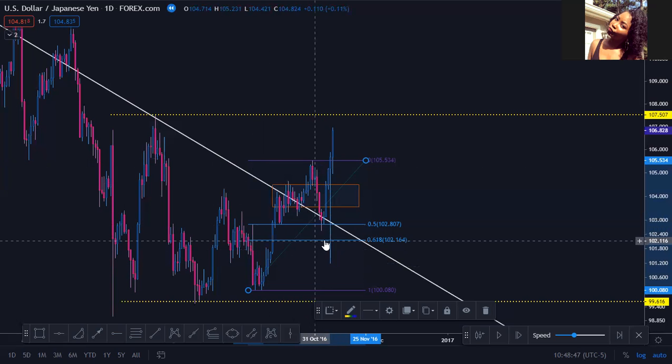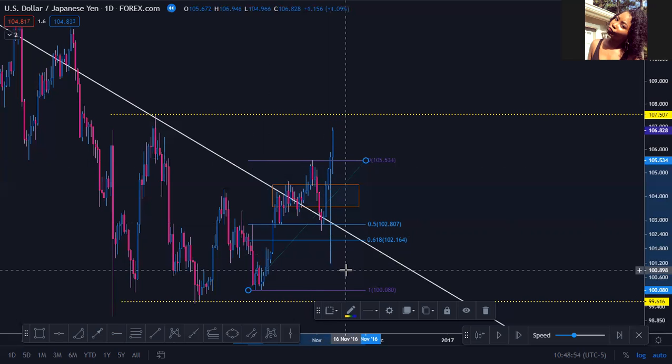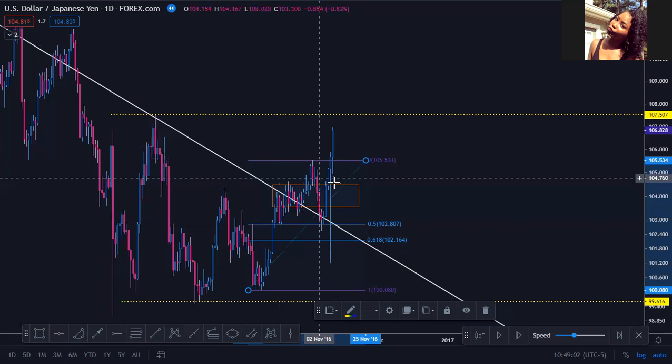It had a normal retracement right here. When it came back down right here, it had a deeper retracement. So what did it do? It came back and got some more buy orders. And bang, bang.